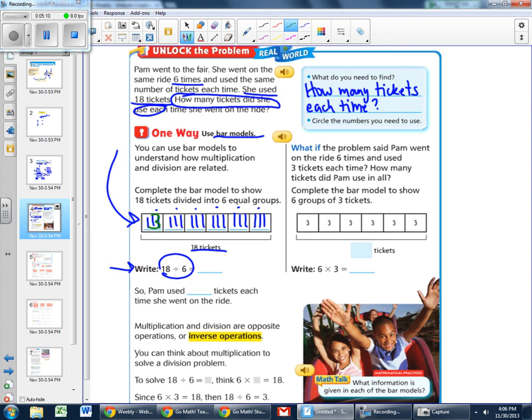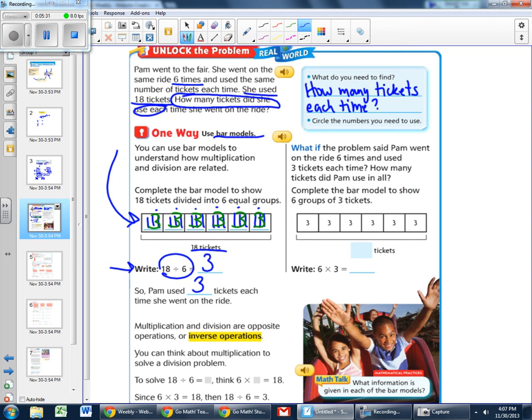I have 3. There's 3. Remember, I told you to go back and just double count to make sure that you have the same number in each one of your division boxes. So 18 divided by 6 is 3. So Pam used 3 tickets each time she went on the ride.